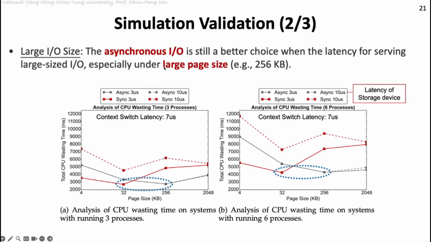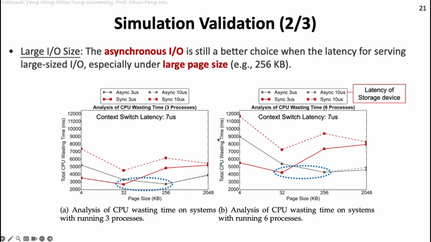But things change when you go from 32 kilobytes to 256 kilobytes, or even 2 megabytes. When the I/O size grows to more than 32 kilobytes, this is called the large I/O case. For these large I/O cases, asynchronous I/O, or running the context switch, is still a better choice.